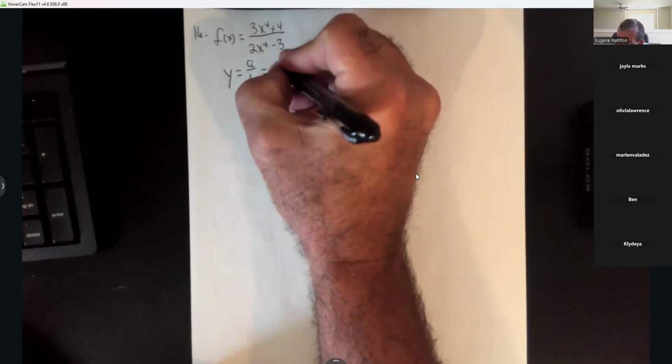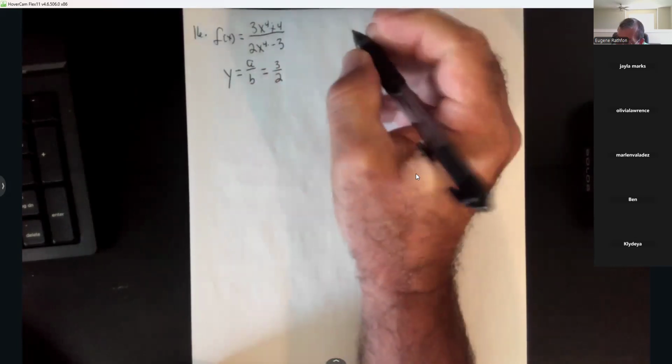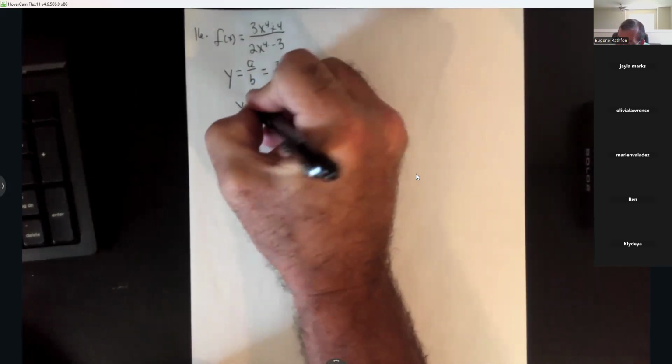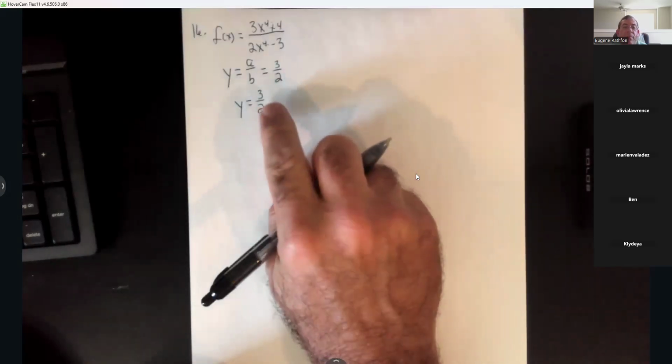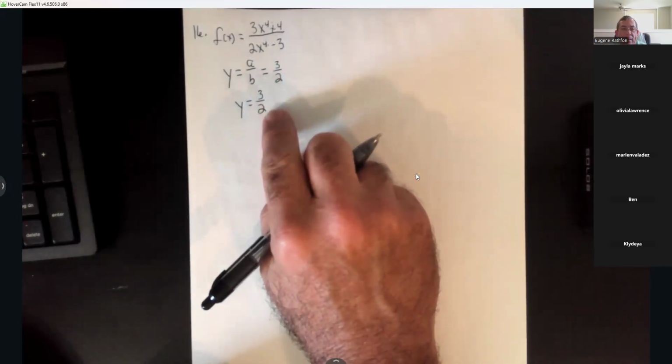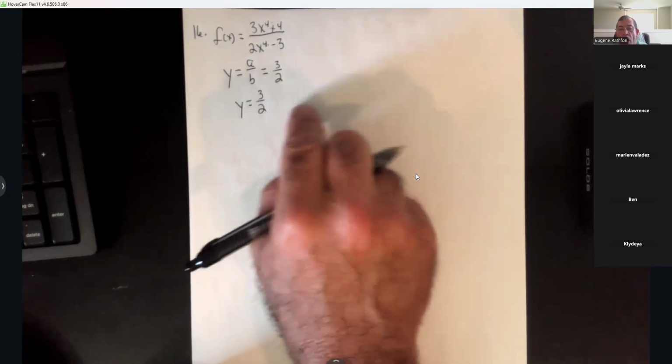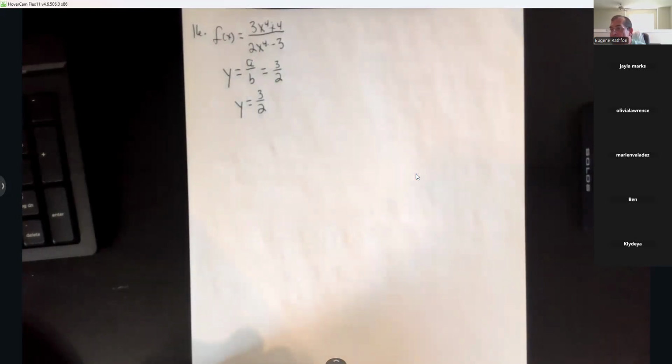So this would be 3/2. So we're wanting the answer that has y equals 3/2 for our horizontal asymptote. Remember, horizontal had y, vertical had the x's, okay?